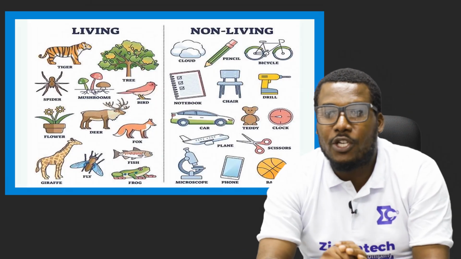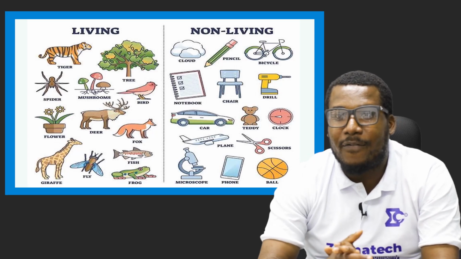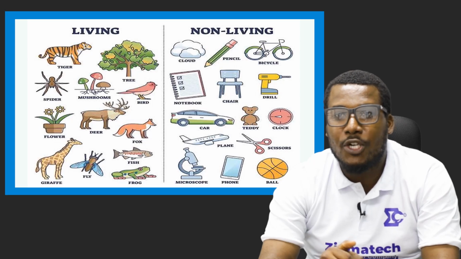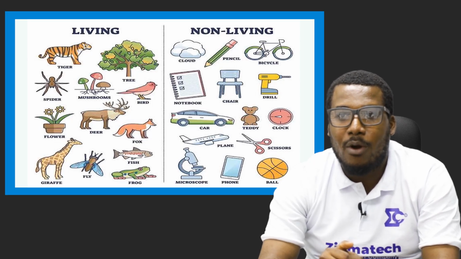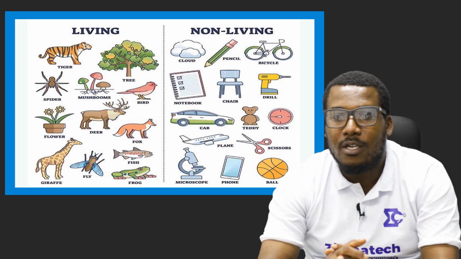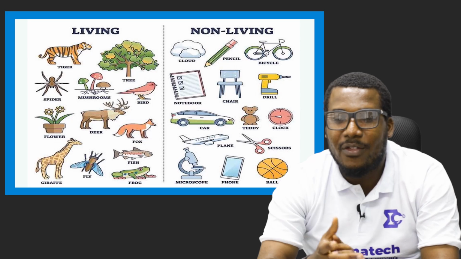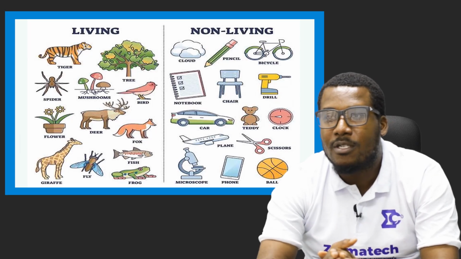Now, take a look at these pictures. You will see some nice field, the living and the non-living. You have the tiger, the trees, spider, mushrooms, bird, flower, bear, fox, giraffe, fly, fish, frog. These are the living things, and many more.